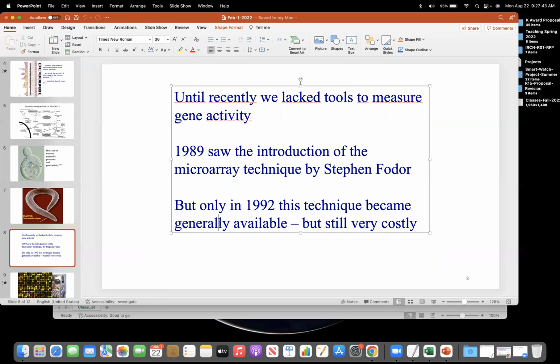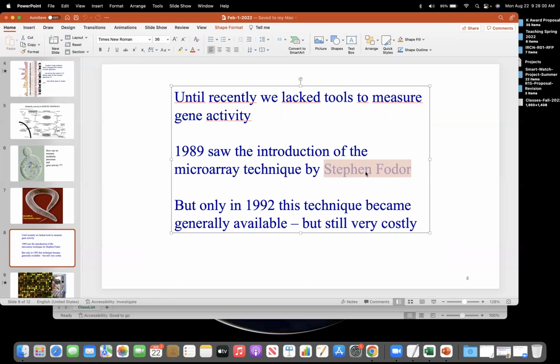I would like you to understand when this technique was introduced. The year was 1989, and the person who introduced it is Stephen Fodder.